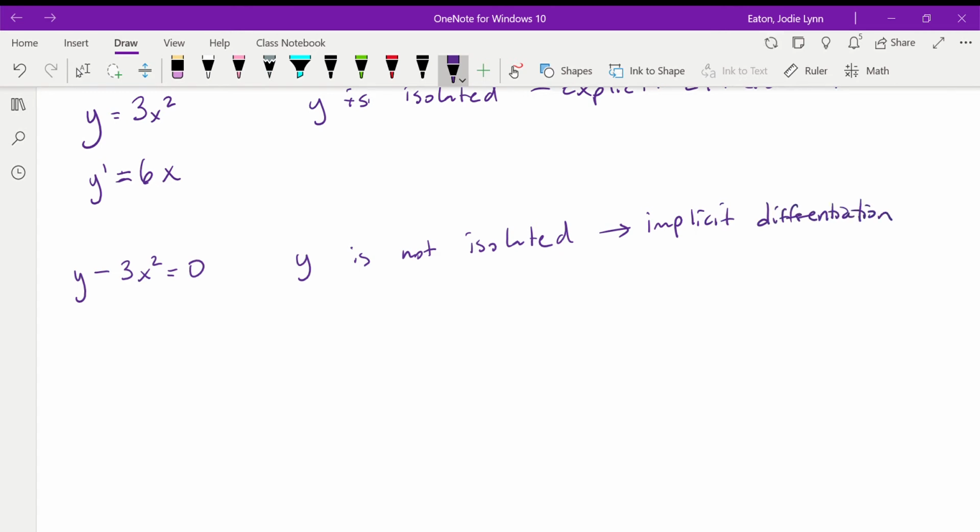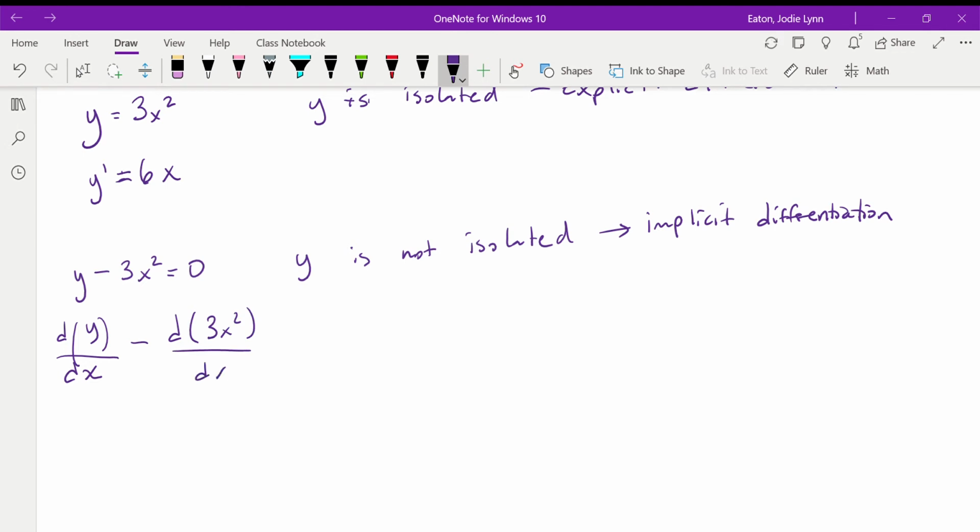So what we are going to do is treat y as a function of x, some unspecified function of x, and we are just going to say, well, if I take the derivative with respect to x, dy/dx, and I'm going to subtract the derivative of 3x squared with respect to x.